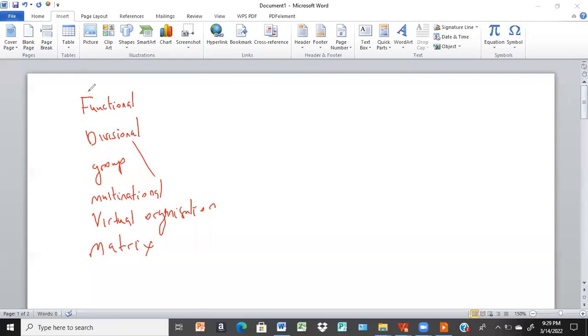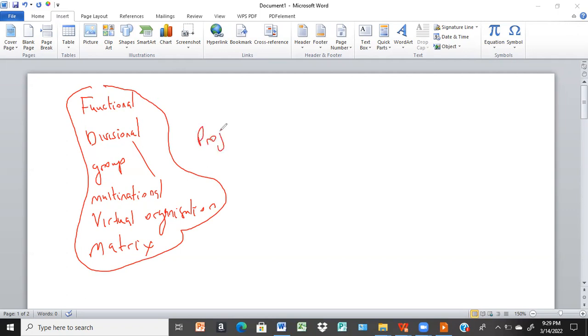So for you to implement strategy, you need to choose the right type of structure. We covered the concept of teams, project teams. So these are linked to the concept of implementation.